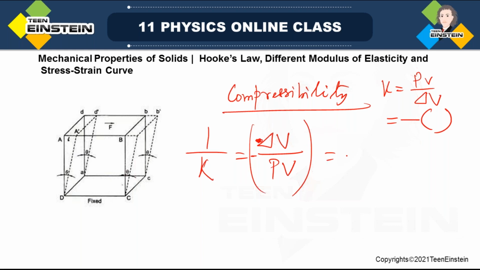In the compressibility expression there will obviously be a minus sign: delta V by P into V. If you invert it, you will get K equal to PV by delta V with a minus sign in the bulk modulus.